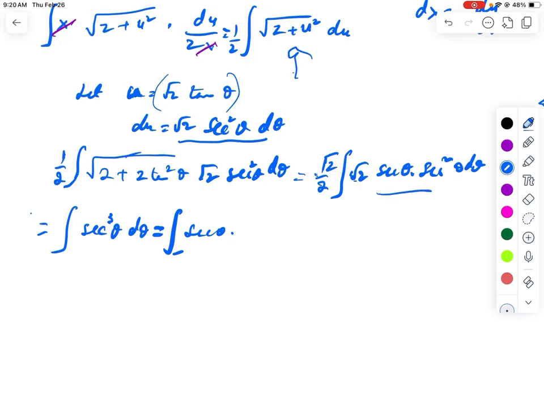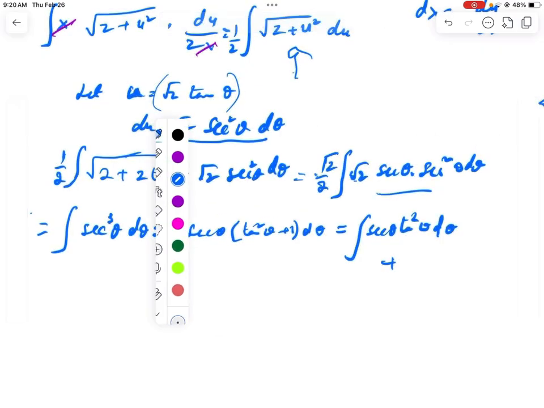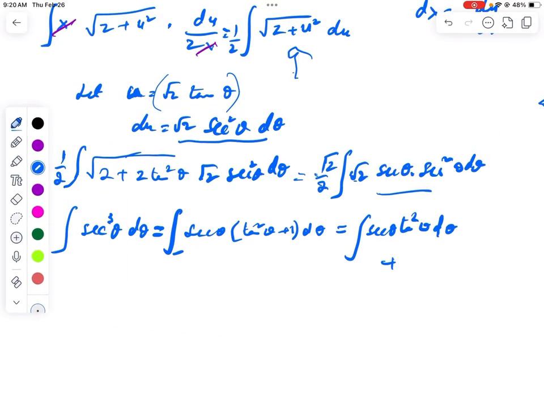The secant squared theta can be written as tangent squared theta plus 1 d theta, which gives you the integral of secant theta times tangent squared theta d theta plus the integral of just secant theta d theta.